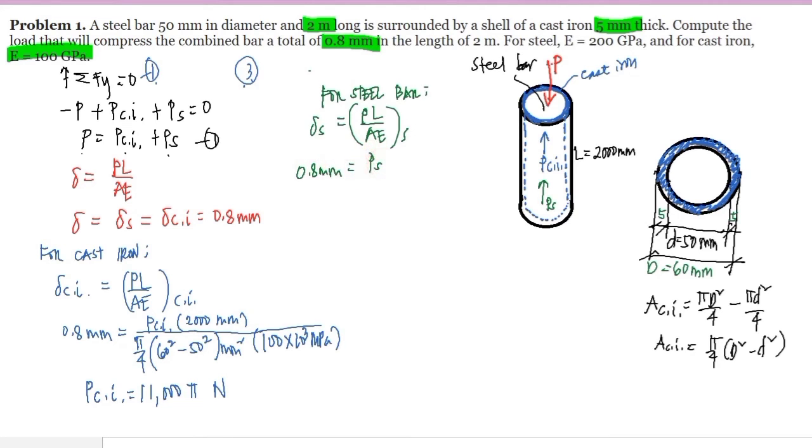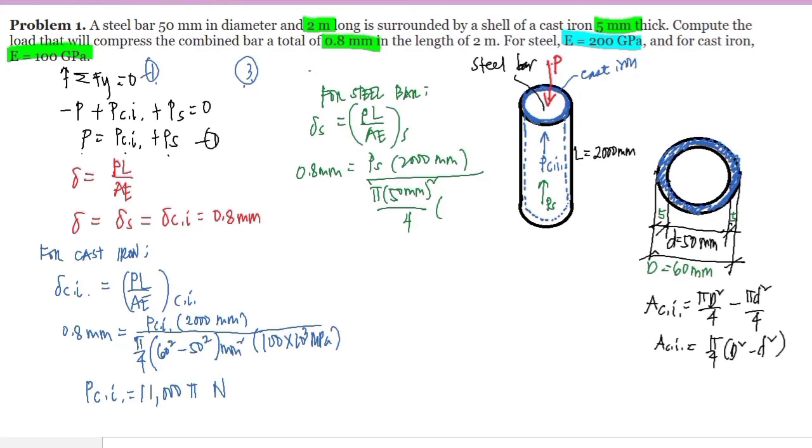The force resisted by the steel bar, and the length is equal to 2000 mm over the area of the steel bar, that is pi, diameter is 50 mm square over 4, multiplied by the modulus of elasticity of the steel bar, that is equal to 200 gigapascal.